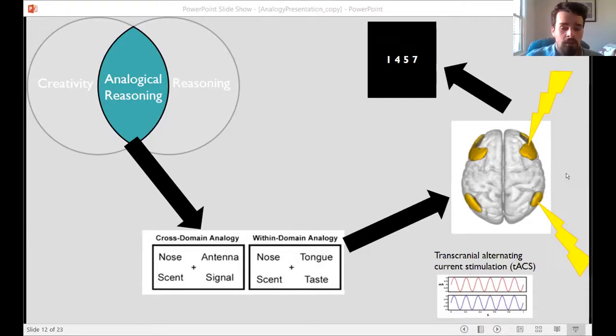That's a pro and con of tACS: you're able to specify the frequency, but that also multiplies the possible study designs that you could do, because you have alpha, beta, theta, gamma, all these different frequency bands. Typically, the best case scenario is that you have prior evidence of a certain frequency band that's associated with that ability, that you can then build as a hypothesis for why you're using that frequency when you're applying stimulation.